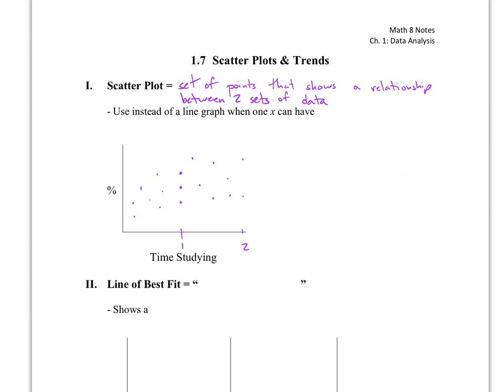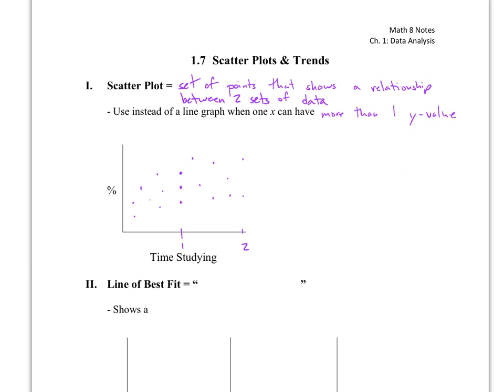So my first bullet point under scatter plots: use instead of a line graph when 1 x value, so when time studying in this example, can have more than 1 y value. So you can have more than 1 y value for 1 hour.